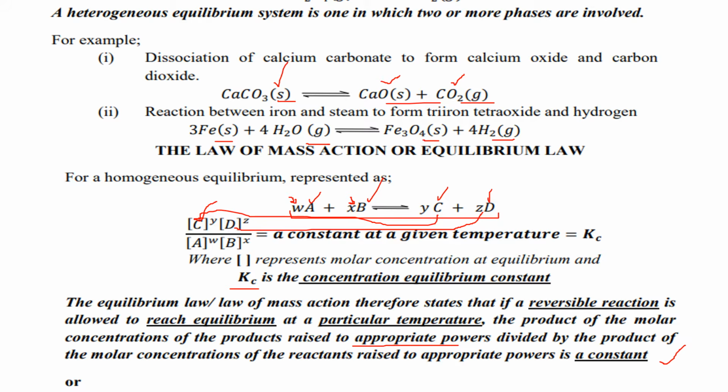So the equilibrium law, or the law of mass action, states that for any reversible reaction, if it is allowed to reach equilibrium at a given or particular temperature, the product of the molar concentrations of its products raised to appropriate powers, or stoichiometric powers, divided by the product of the molar concentrations of reactants raised to the appropriate powers, is always a constant.